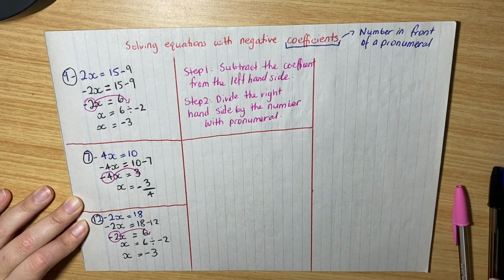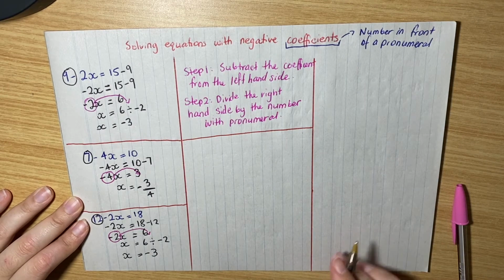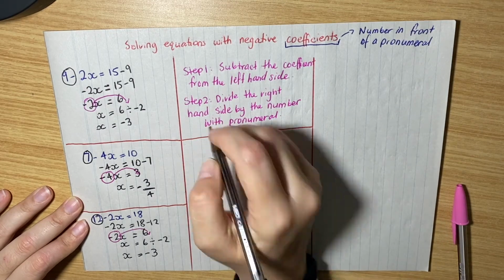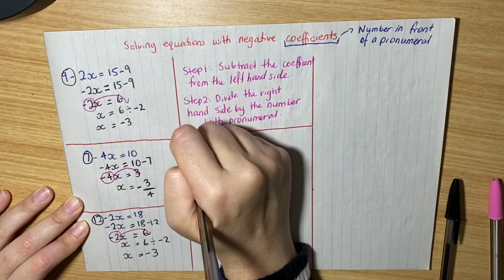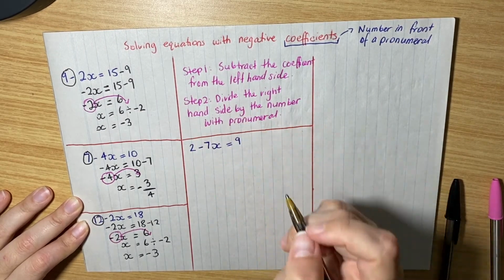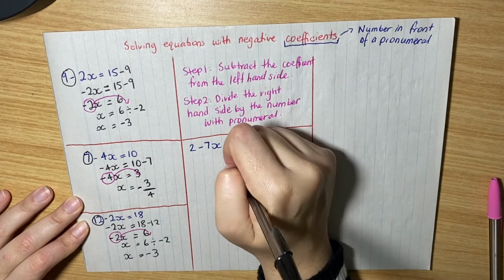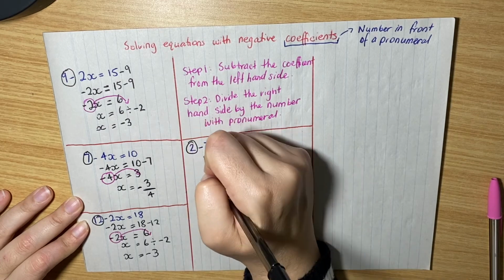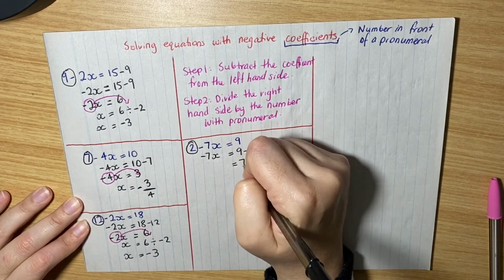Okay, so next one we're going to do is 2 minus 7x equals 9. Okay, and so I'm going to get rid of the 2 first. So minus 7x equals 9 minus 2, which equals 7.